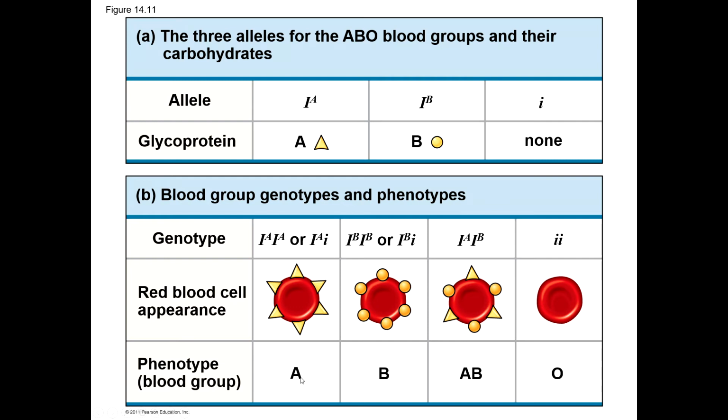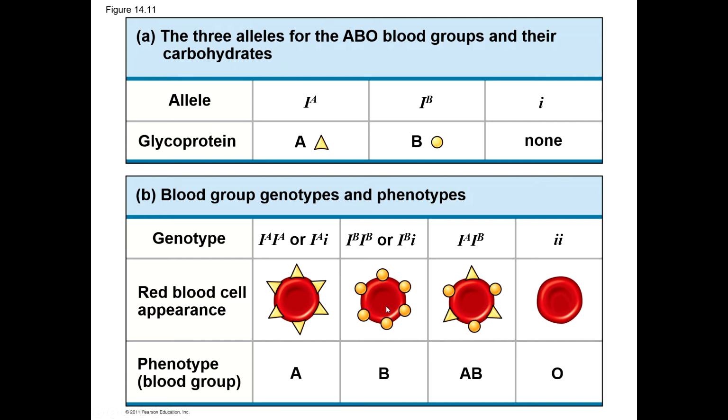If you are type A, since A is dominant over O, I don't know if you are AA or AO. As long as you have one A, you're going to be phenotypically called type A, but you could be homozygous or heterozygous. So this is showing the red blood cell with the protein A attached.